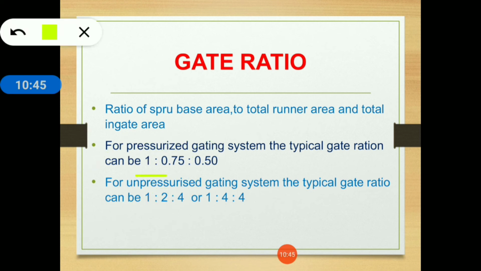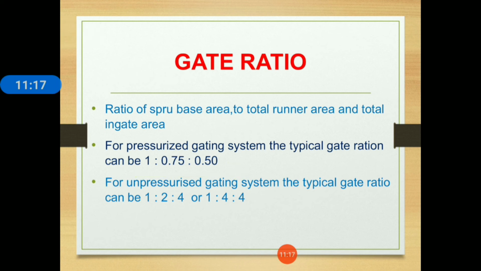So here the area is reduced, and due to this reduction in area, back pressure is generated, and you can take advantage of this back pressure for smooth flow of your molten metal from sprue to riser.